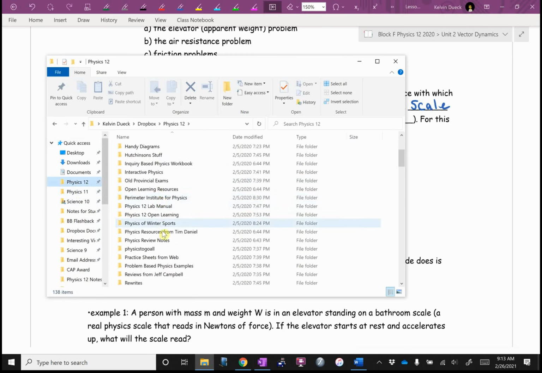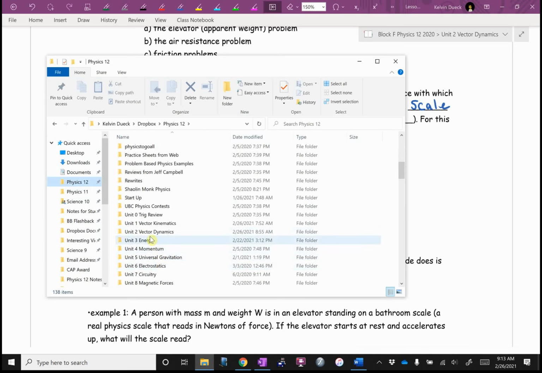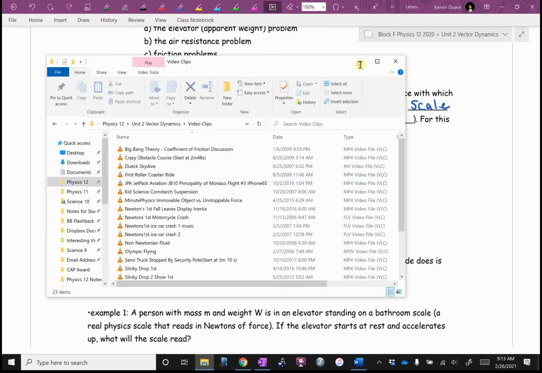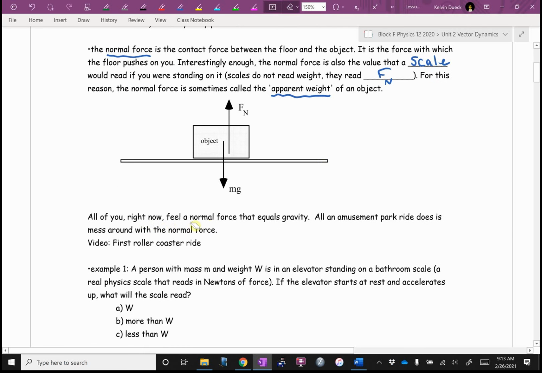Put your pencils down, look up. Right now, all of you feel a normal force that equals gravity, and all an amusement park ride does is mess around with the normal force. We can't change gravity, but we can change how hard the ground pushes up on us.